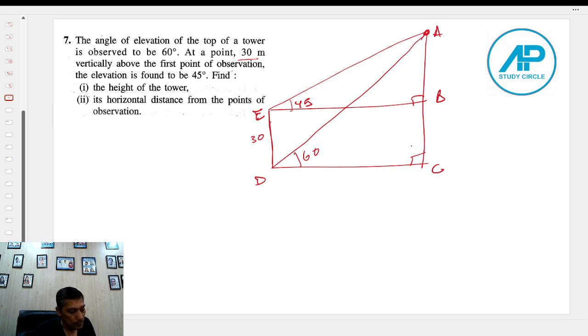I need to find the height of the tower. This is the tower, because the thing whose elevation we are finding is the taller one. So this complete AC is a tower.